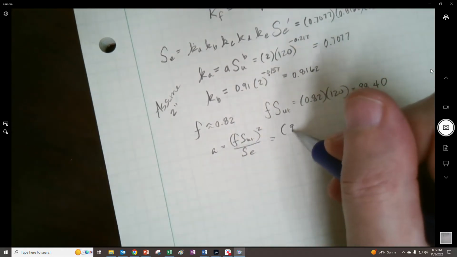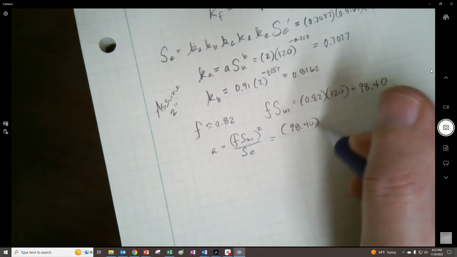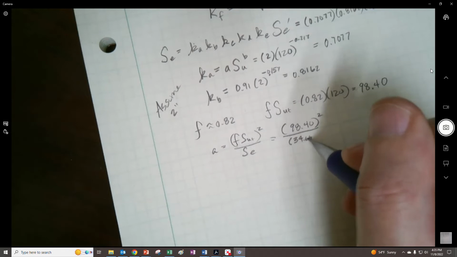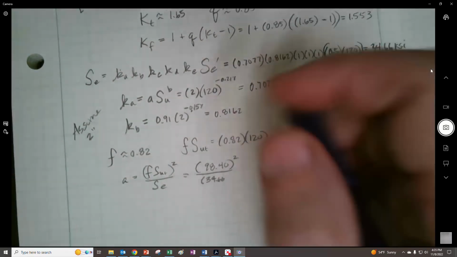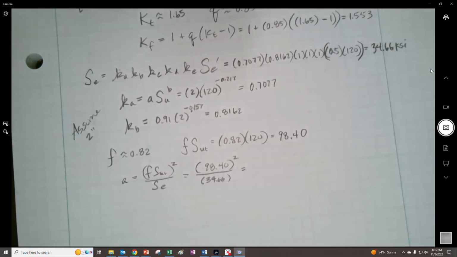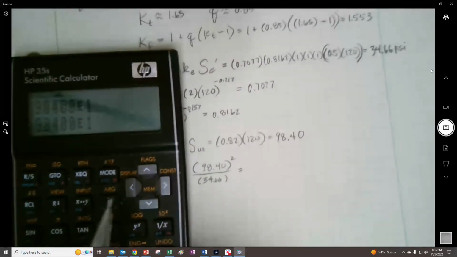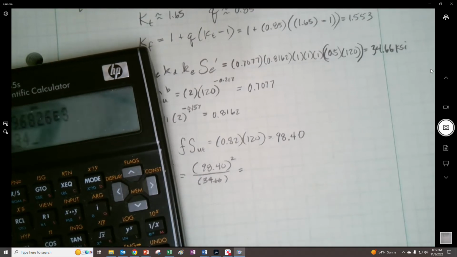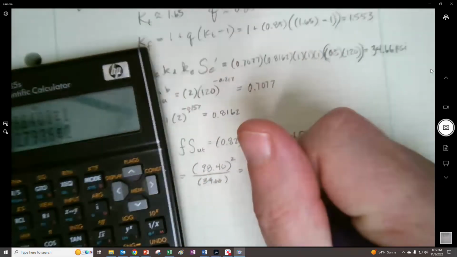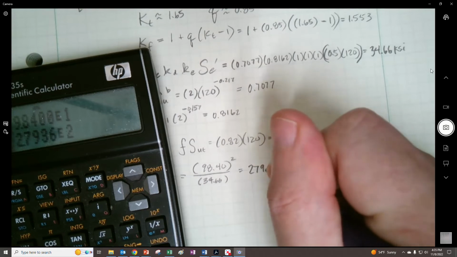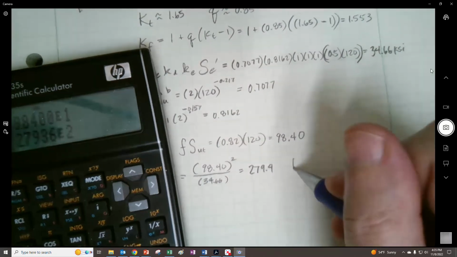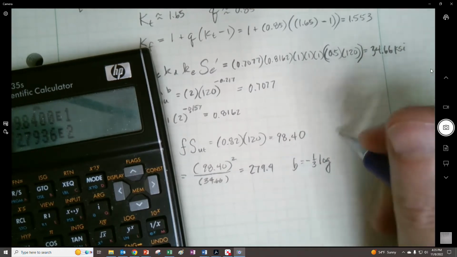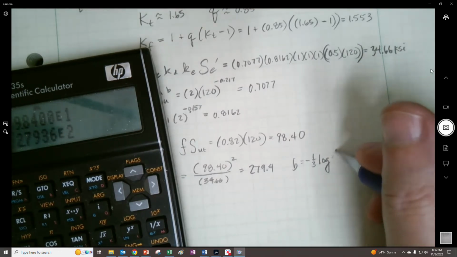So we get 98.4 squared divided by 34.66. Square that, boom. So we get 279.4.